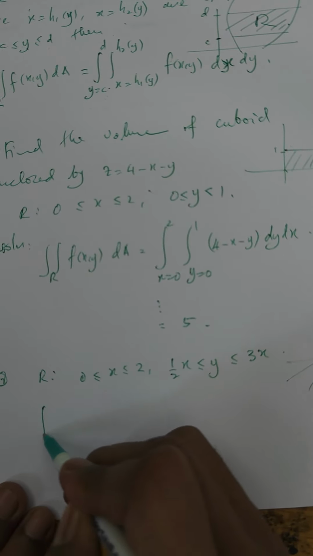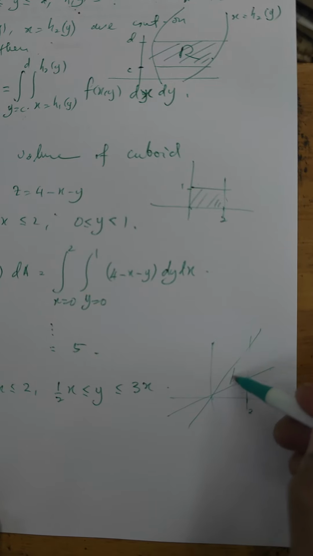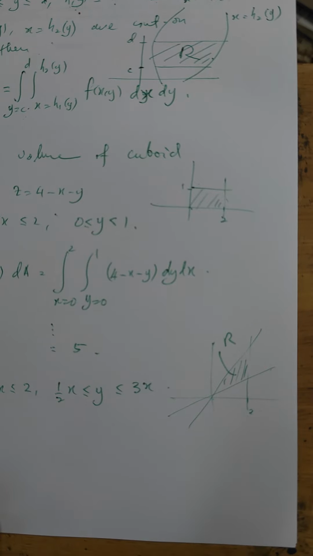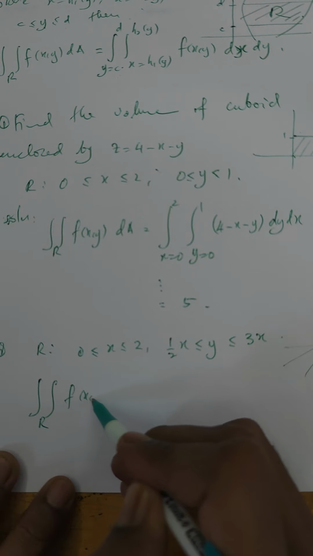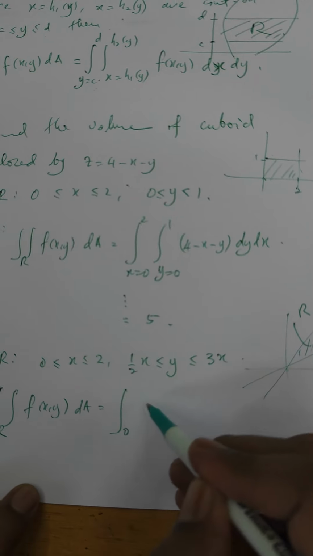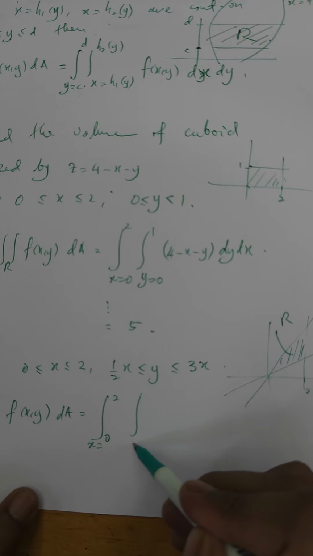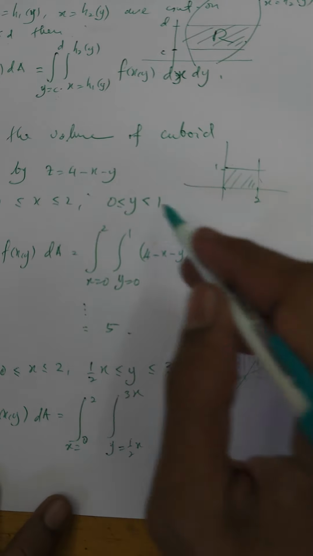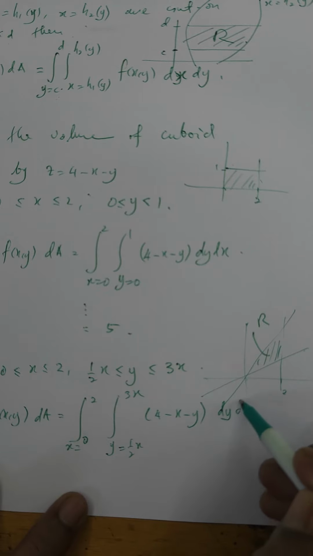So this is our region R. We integrate over the region R of f(x,y) dA, then integrate x from 0 to 2, and our y from half of x to 3x, with our function 4 minus x minus y, dy dx.